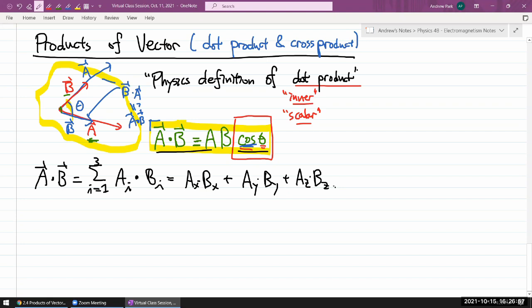And it's reasonable to wonder, which is which? Is my dot product this quantity here? Or is my dot product this quantity here?